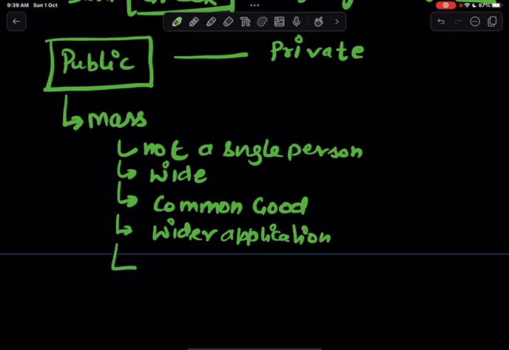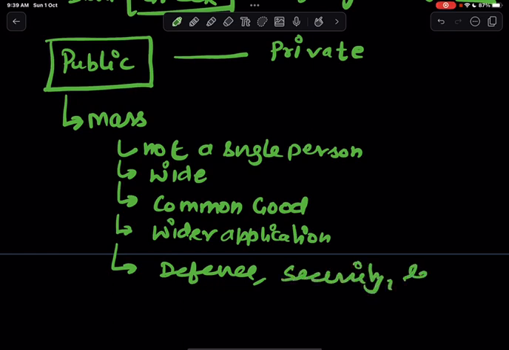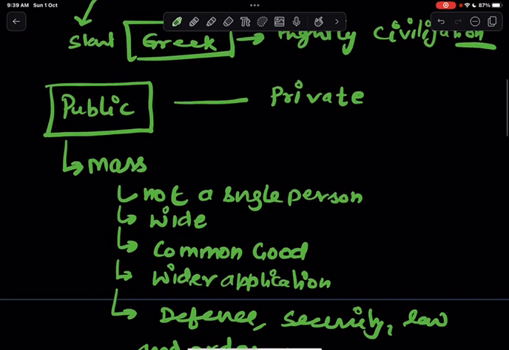For example, defense, security, law and order. This is what is related to the public. Any concern which is related to the public, to the masses, falls under the word politics, or say political. That is what is political.